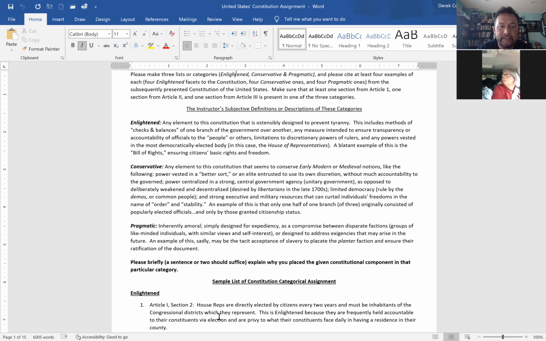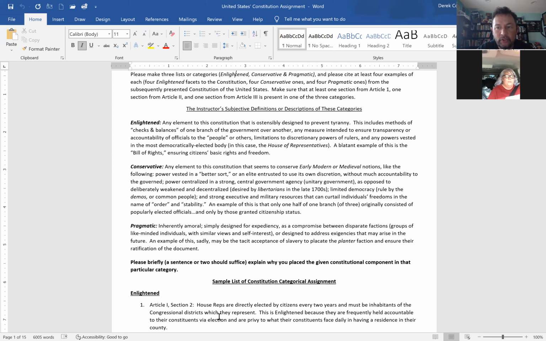And anything that is undemocratic, coming from the early modern and medieval and prior to that, fall of Rome time period. Anything that is rather undemocratic, I would say arguably is conservative. And so conserves the old traditional norms.